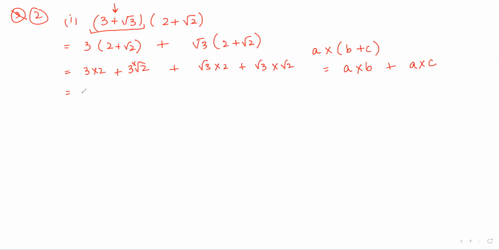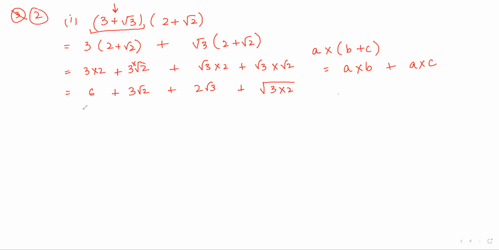Okay. So 3 into 2 is 6 and plus, so 3 into root 2 will be simply 3 root 2, clear? Plus root 3 into 2 will be simply 2 into root 3, right? I mean 2 is outside the square root, so it cannot go inside. Plus, I have just told you that if you have two numbers like this, you can write them as 3 into 2, right? Clear?